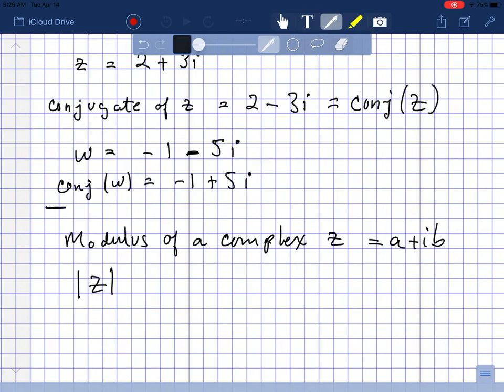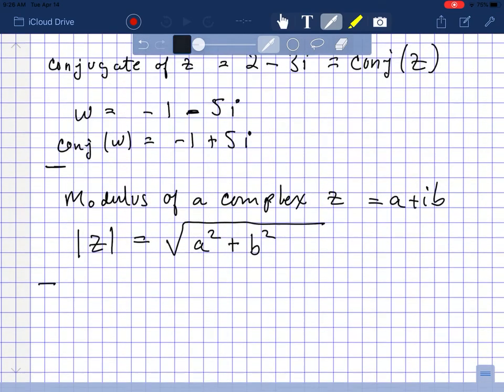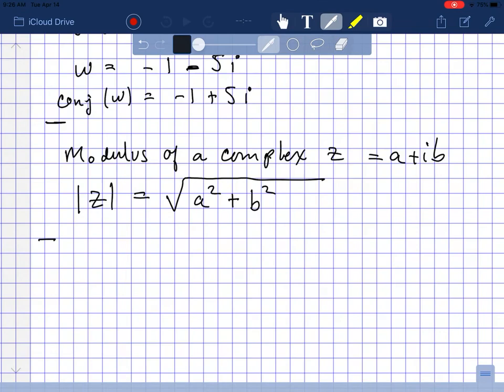This is the modulus of the complex number z, and this is equal to the square root of a squared plus b squared. Okay? And we'll see how this comes into play when we look at the geometric interpretation of complex numbers.